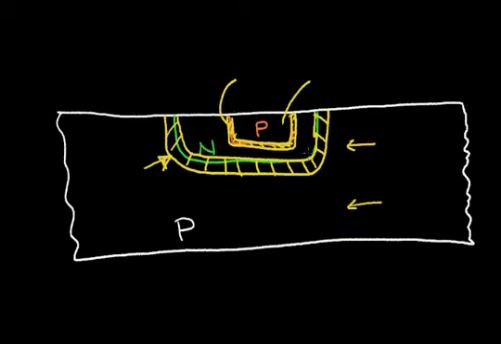And also, I can infer something about breakdown voltage. This depletion region here is wider, so it will have a higher breakdown voltage. In this top region, this junction, this depletion region is narrower, and it will have a lower breakdown voltage.